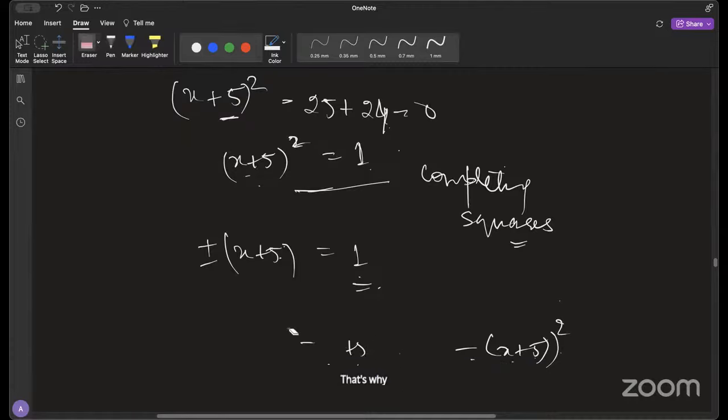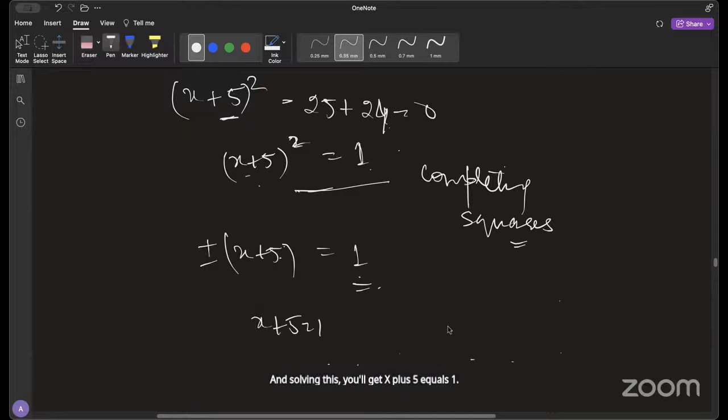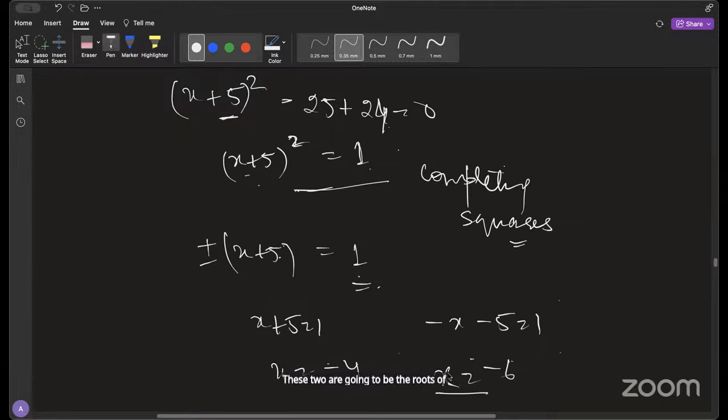That's why we take a plus minus here. And solving this, you'll get x plus 5 equals 1 and minus x minus 5 equals 1. So this is minus 4, and this will give you minus 6. So these two are going to be the roots of the equation that you had.